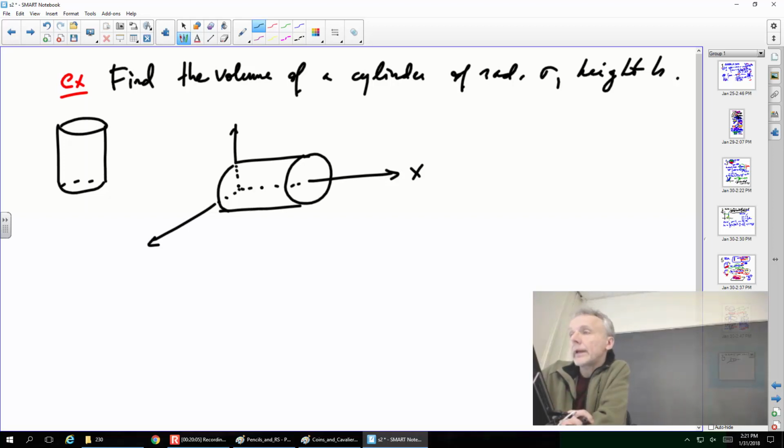Okay, so let's now identify the items that we're going to need for our computations.